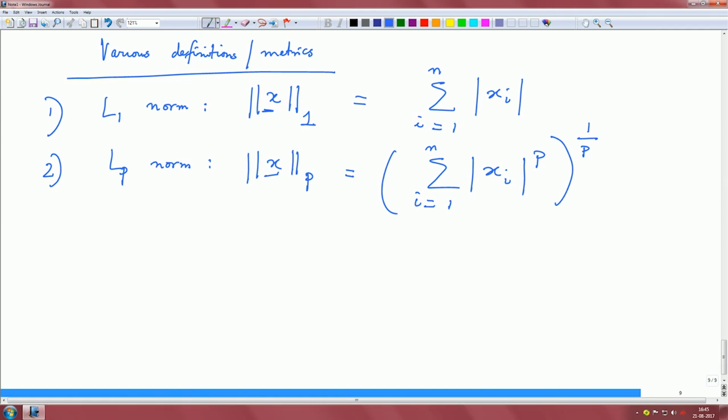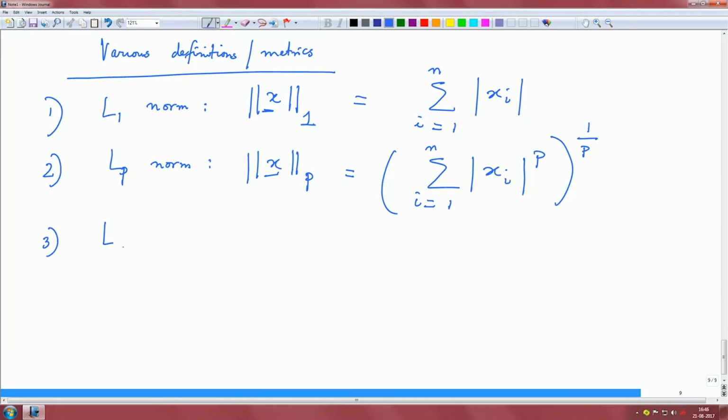You would have seen this in the context of L2, where you define the square root of x squared plus y squared. Trivially for the L2 norm p equals 2, and this is what we have. So, in general we can define an Lp norm.